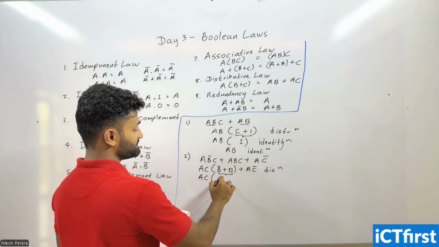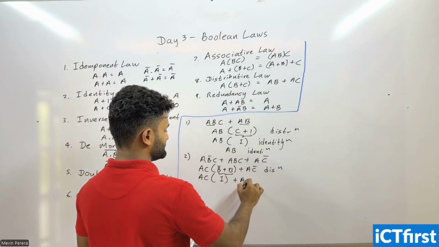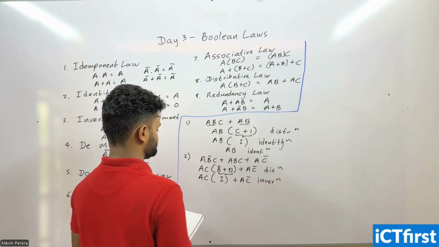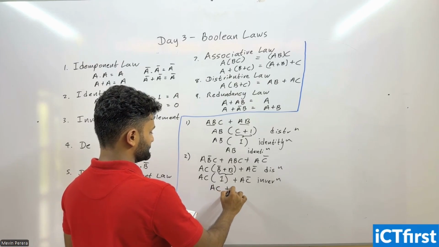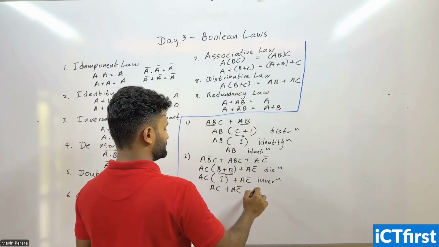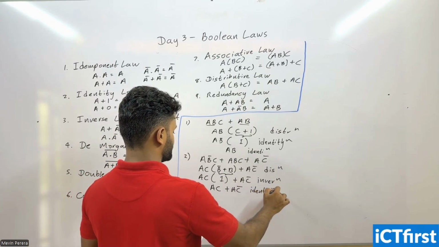B bar plus B is equal to 1, plus AC bar. What is this law? Inverse law. AC into 1 is AC, plus AC bar. So AC into 1 is equal to the identity law.